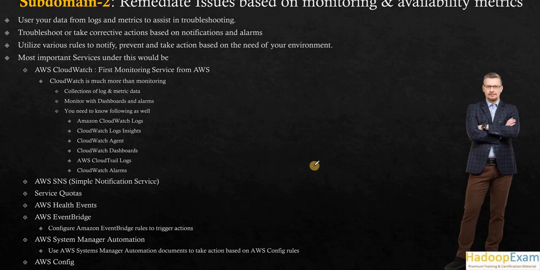You should be able to configure Amazon EventBridge rules to trigger the action, correct? And then Systems Manager Automation. We will discuss each of these services in detail, and then AWS Config. You should know all of these under this domain.